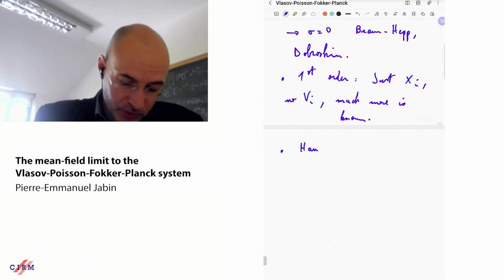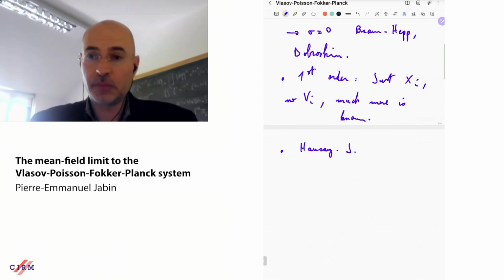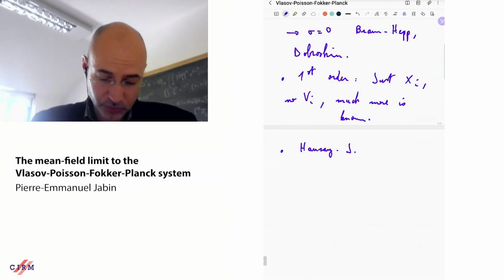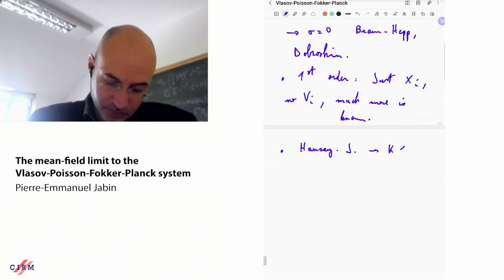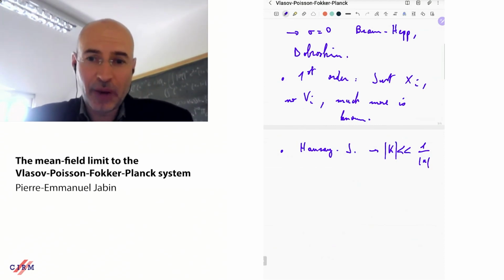We had a couple of papers with Maxime Hauray; the last one was almost 10 years ago now. But those require that the singularity should only be mild, so it has to be less than 1 over x asymptotically. So in particular, it cannot even cover Vlasov-Poisson in dimension 2, and this is not compatible with any noise.